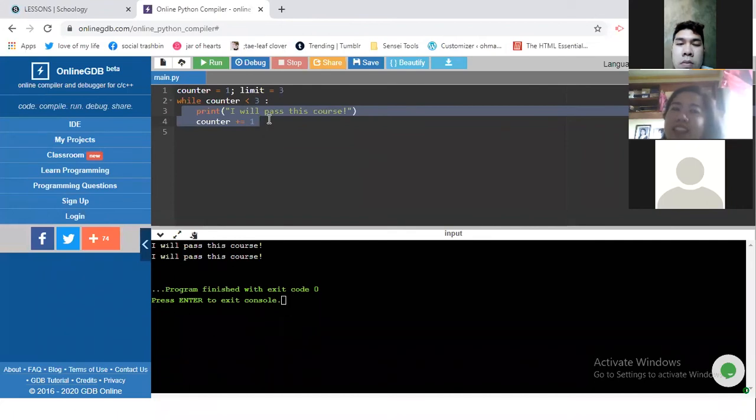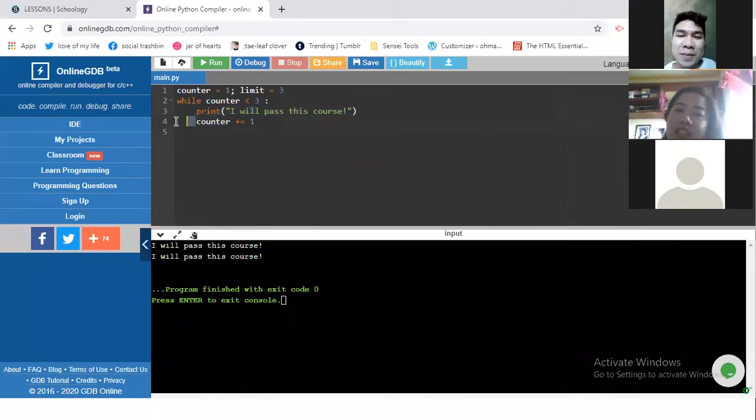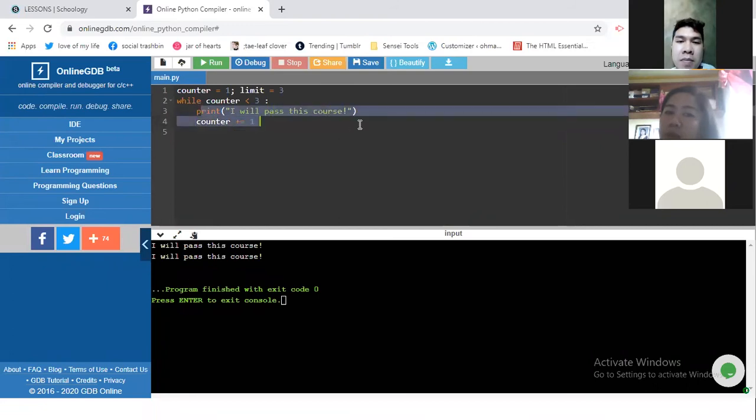May spaces, equal number of spaces. And then the instruction, kapag nag-true, and then kailangan meron kayong increment or pag-i-increase. Depende yung increase nyo kung plus 1 siya, plus 2, depende sa kailangan ng problem natin.